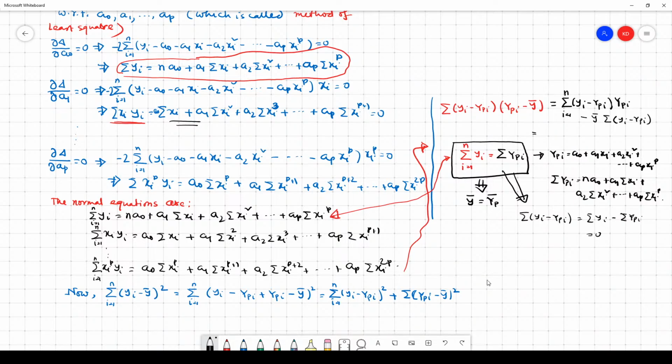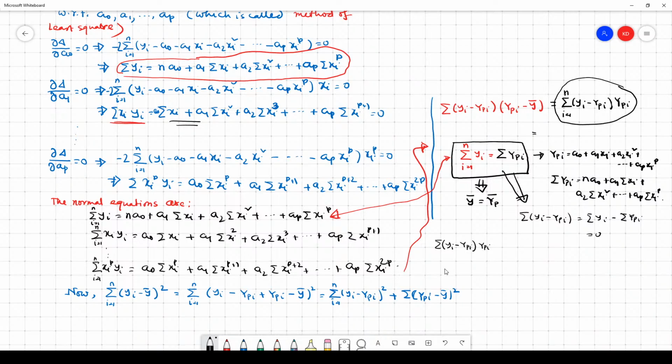So this should be 0. So this part is the same as summation i from 1 to n of small yi minus capital Ypi into Ypi. Now consider this term: summation yi minus capital Ypi into capital Ypi.